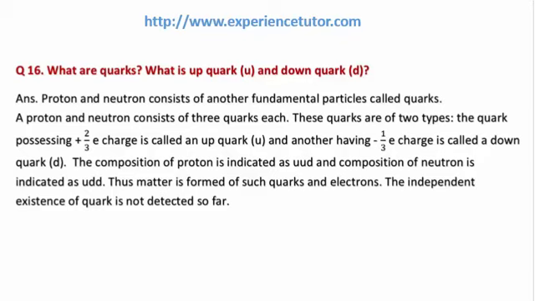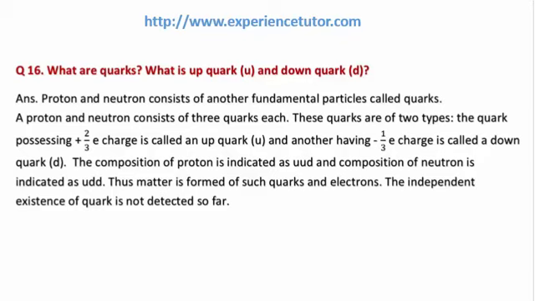A proton and neutron consist of 3 quarks each. These quarks are of two types. The quark possessing +2/3 e charge is called an up quark u, and another having -1/3 e charge is called a down quark d.